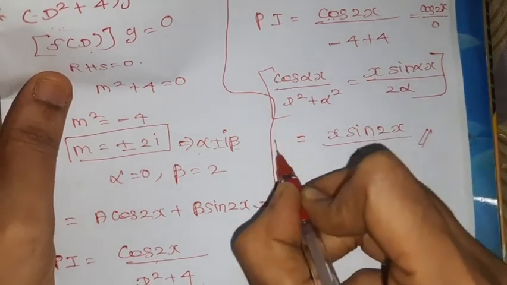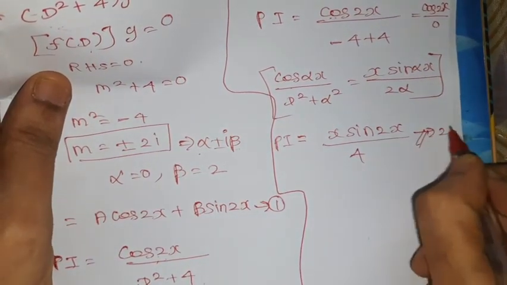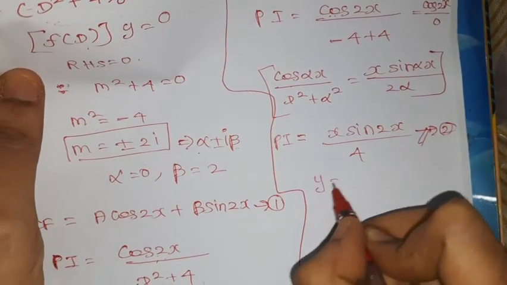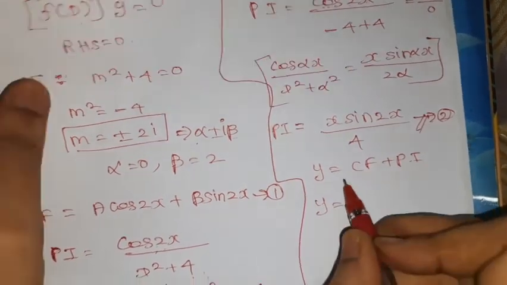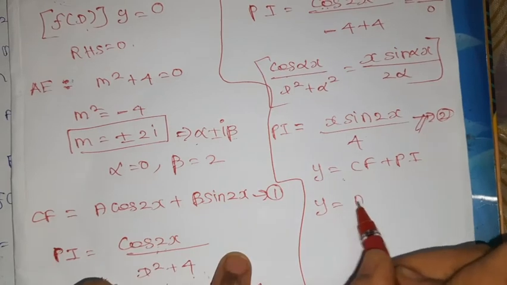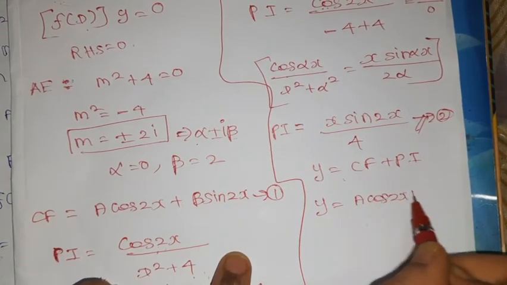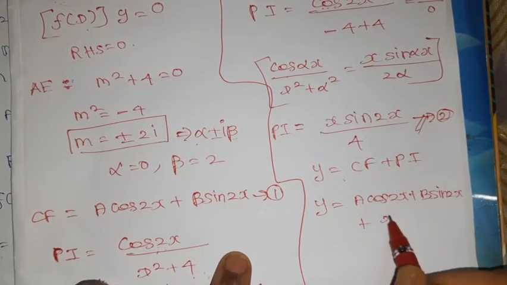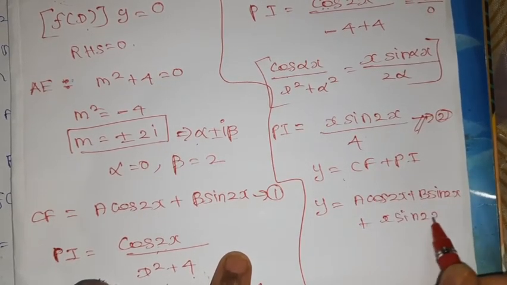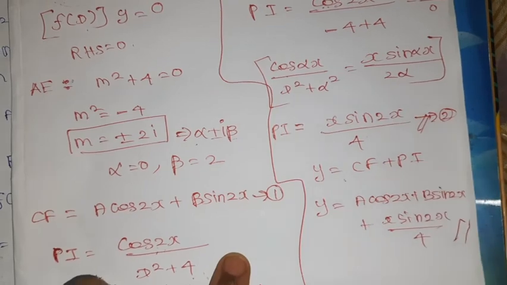So this is the particular integral. So the solution is y equal to CF plus PI. The complementary function a cos 2x plus b sin 2x plus x sin 2x by 4. So this is the solution.